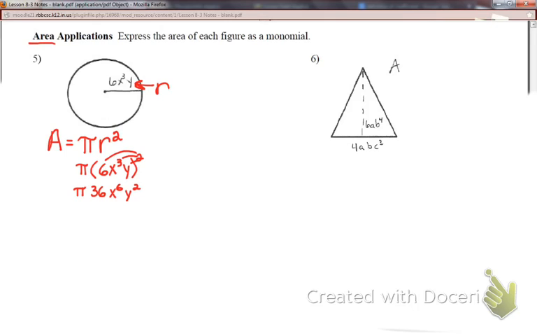It just says express the area of each figure as a monomial. We can't get an actual number answer because of those x's and y's. So the only thing to do is, instead of starting with the pi, we're just going to move it to go back behind the 36. So our final answer will be 36 pi x to the 6th y squared, and put a label on it. The label for area is units squared.